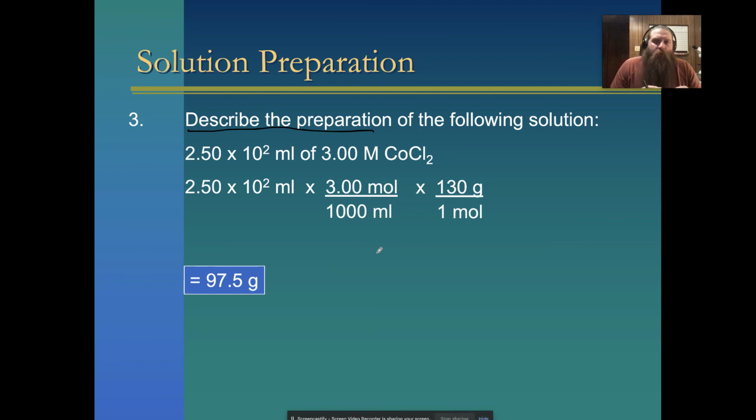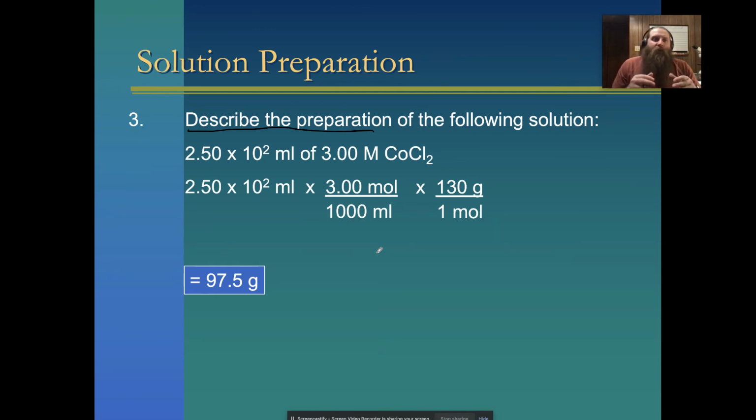Now that's important, all right? You don't add it to 250 milliliters. You put it in your graduated cylinder and you add enough water to bring the line up to 250 milliliters. Well, why is that? Why would I not just add it to 250 if it says 250?